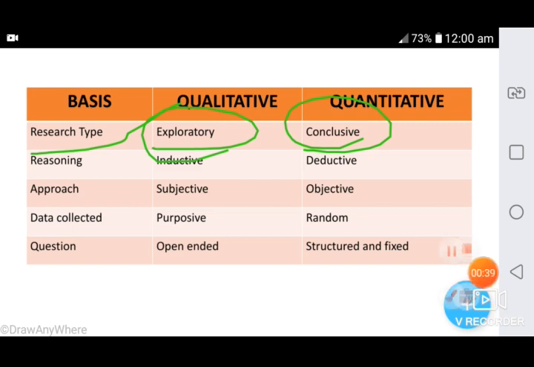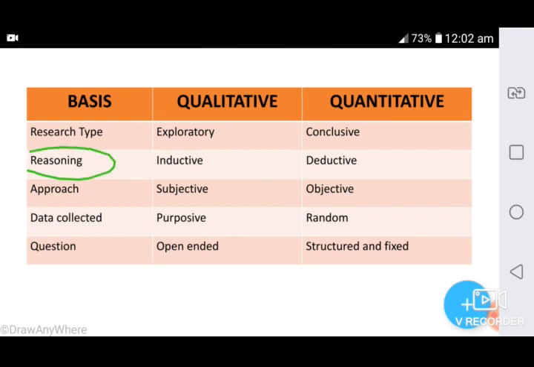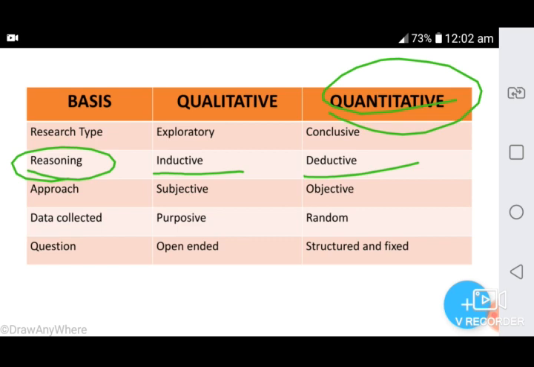Okay, then on the basis of reasoning, qualitative research is inductive reasoning because it follows a particular flow to make inferences. But in the case of quantitative research, it is deductive reasoning because it relies on available information to arrive at a conclusion. Qualitative research is inductive reasoning, quantitative research is deductive reasoning.